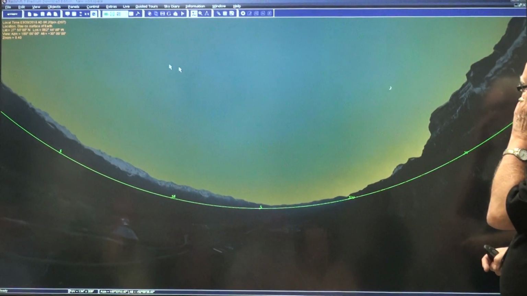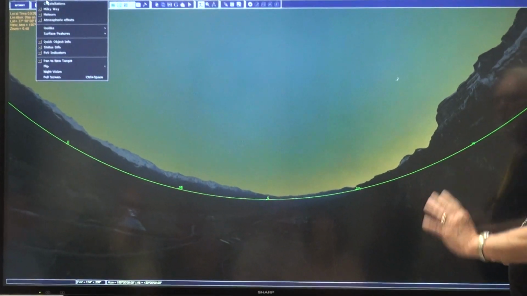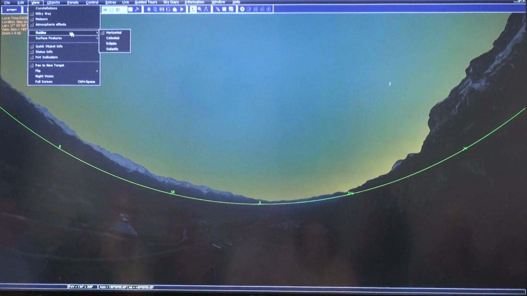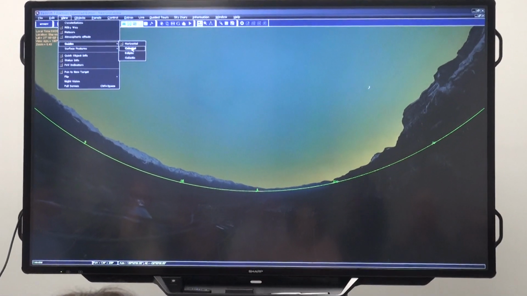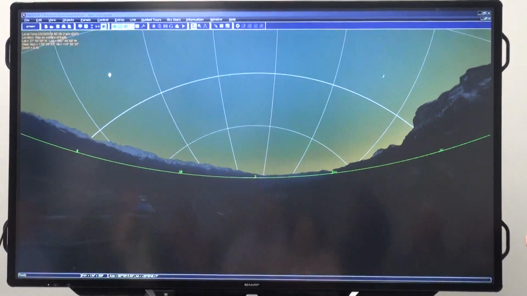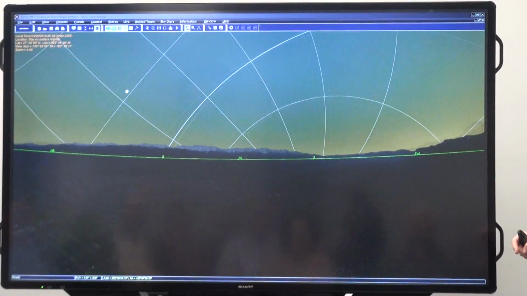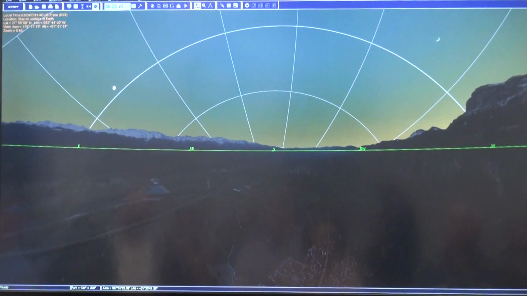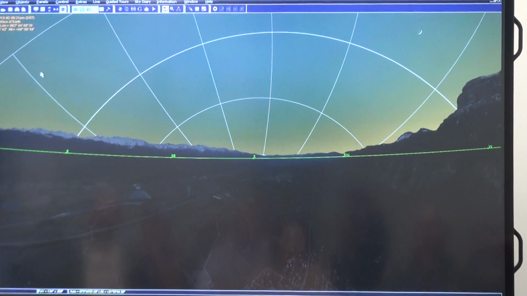Now, let's see if you can get a meridian on there. That's probably, well, now can you make it a little bit later at night so we see some stars?